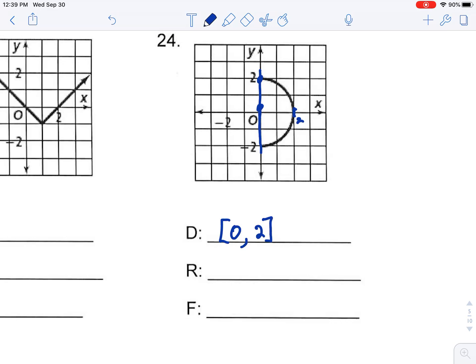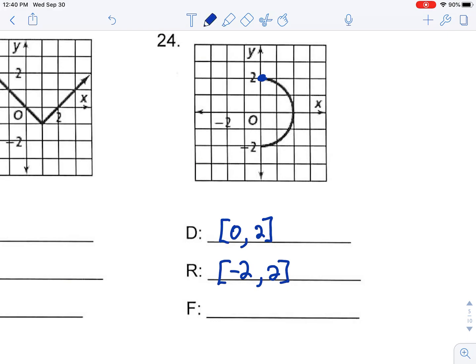So bracket 0 to 2. The range is the lowest value to the highest. Well, the lowest value is right here. The highest is right there. -2. That's going to be a bracket, right? Because it actually touches the -2. And then +2 bracket because it reaches that value.